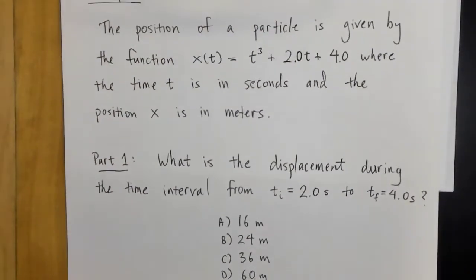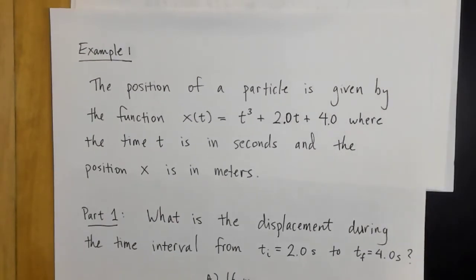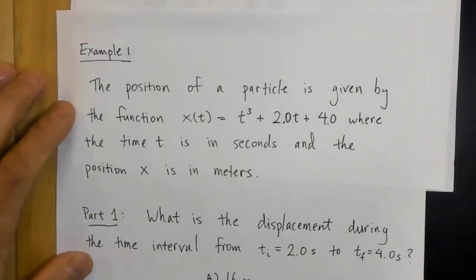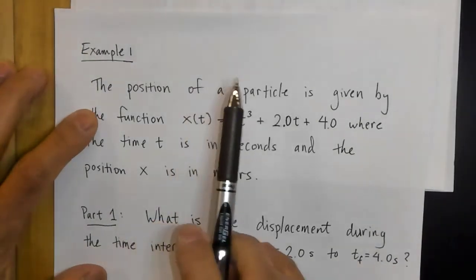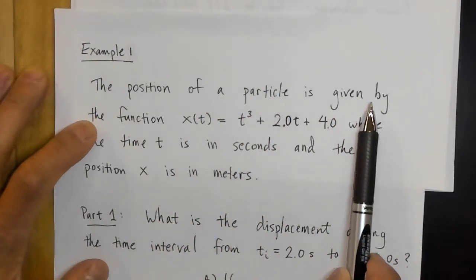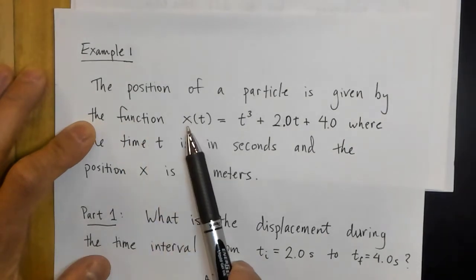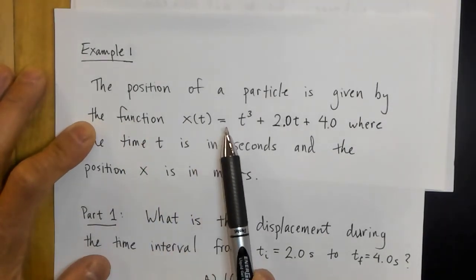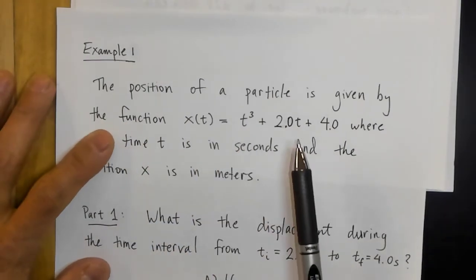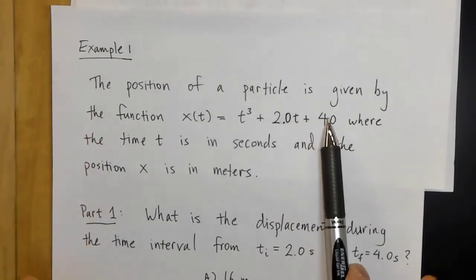Let me just go directly from the notes on this. I don't have to copy it again. Here's an example. Okay, let me read it. The position of a particle is given by the function x of t is equal to t cubed plus 2t plus 4.